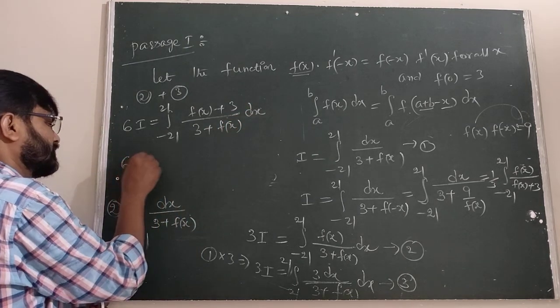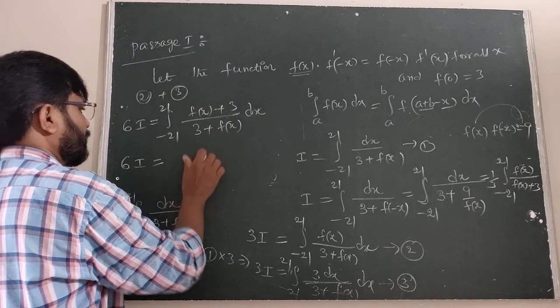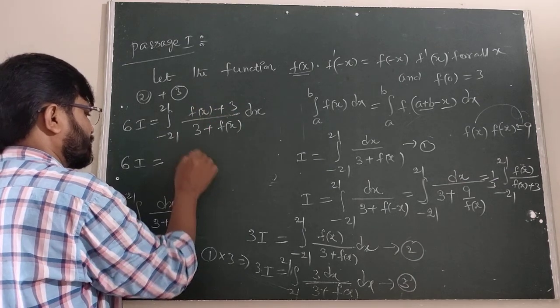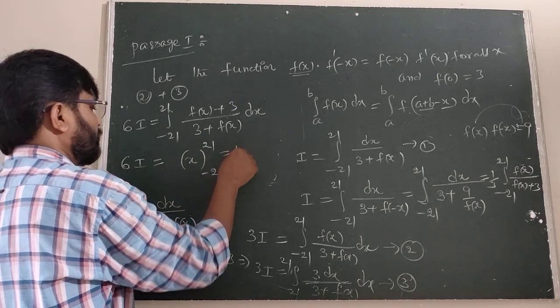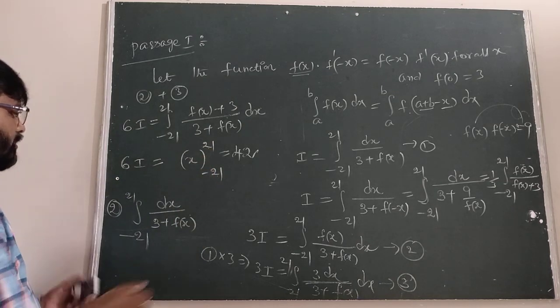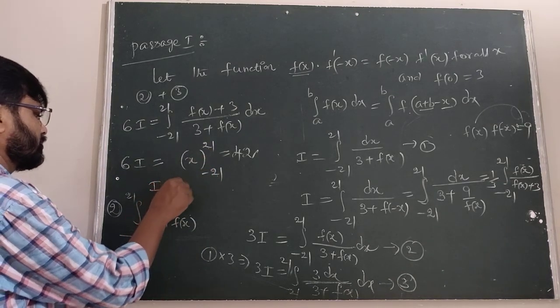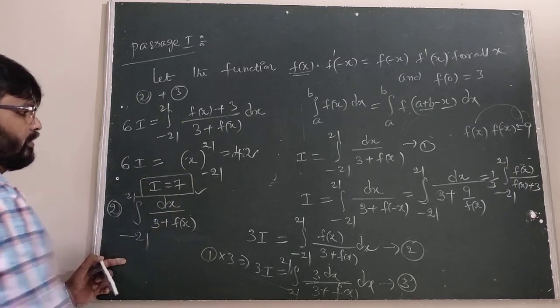Then it comes 6I. Therefore, this will be cancelled. We got 1. Integral of 1 into dx is x, that will be 21 minus minus 21, this will be 42. Now we can write I equals 7. This is the value of I. I equals 7. Clear?